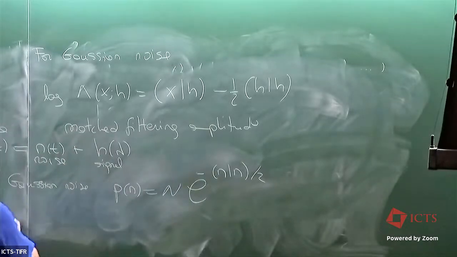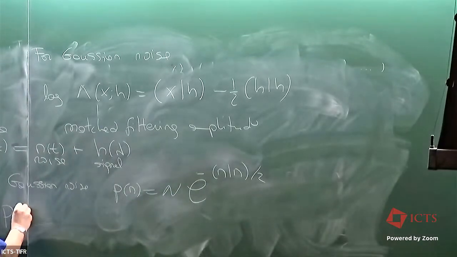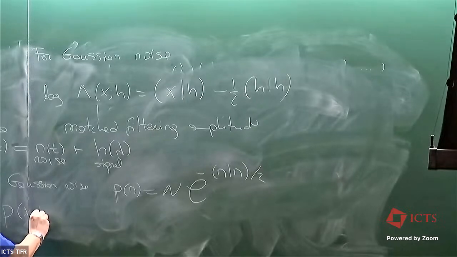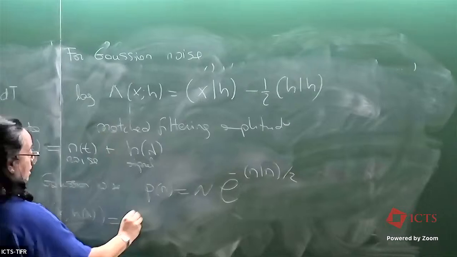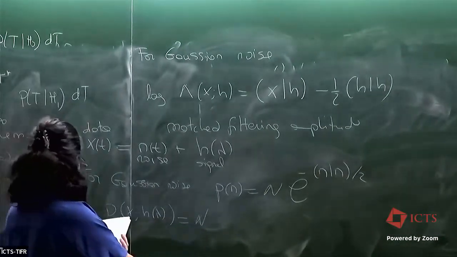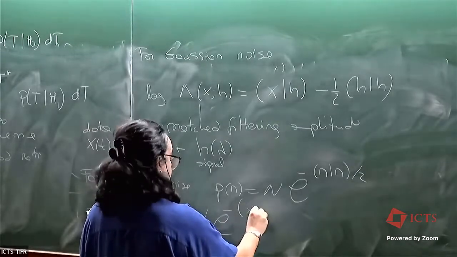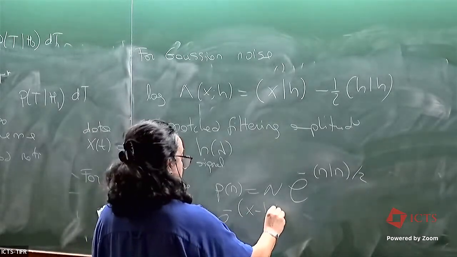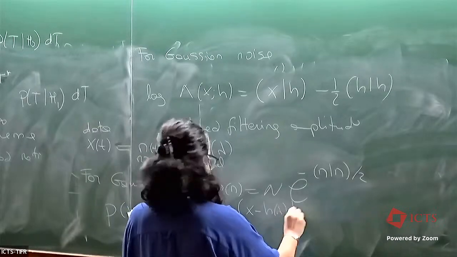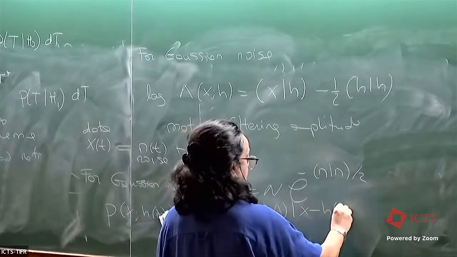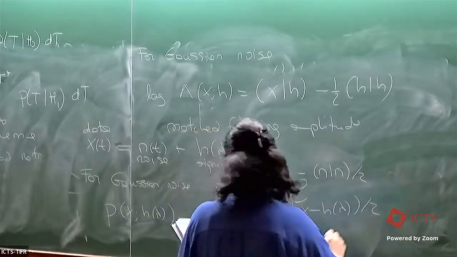And the probability of the data containing the signal is this x minus h lambda, x minus h lambda, divided by 2.